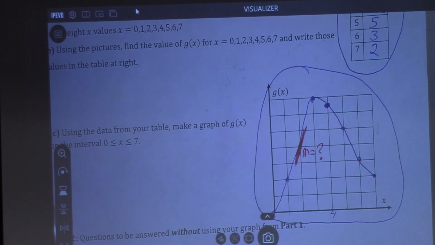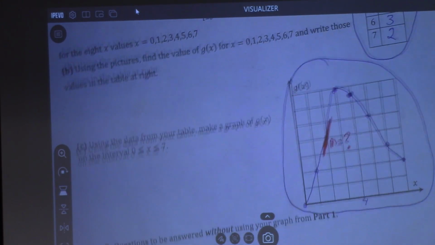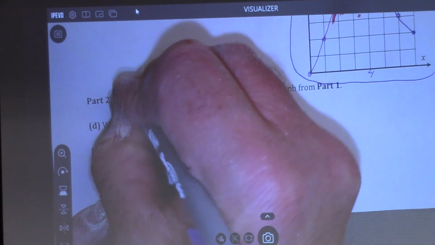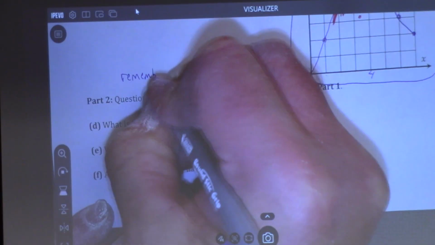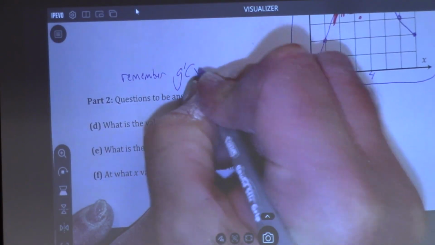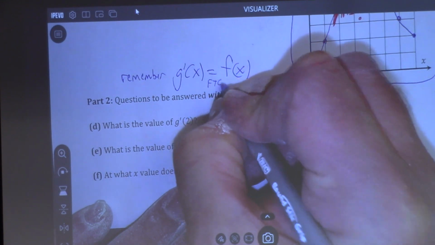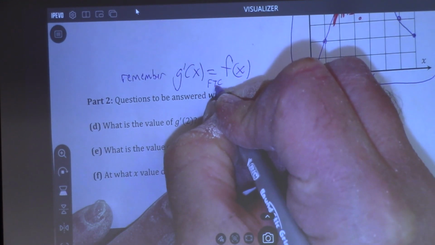But let's go back down and look at the question again. What's the value of g prime of 2? Well, remember that g prime of x is just f of x. That's the fundamental theorem of calculus, part 1.